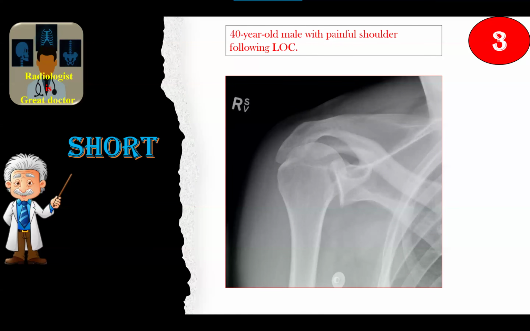Just between me and you, not for the exam. Sir, this is AP or apical oblique? Apical oblique. Abnormal configuration of the scapula, and here the coracoid process is overlapping the expected site of the head. Very easy to diagnose.